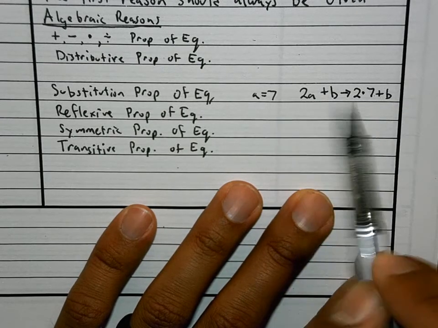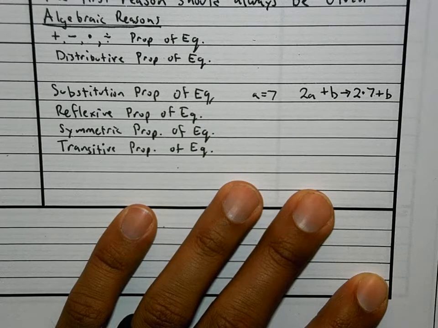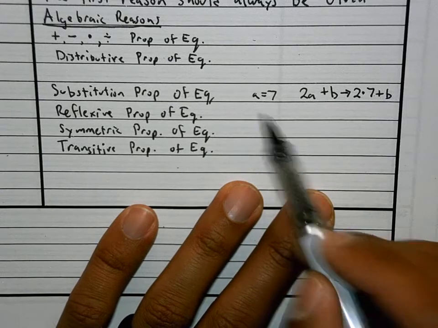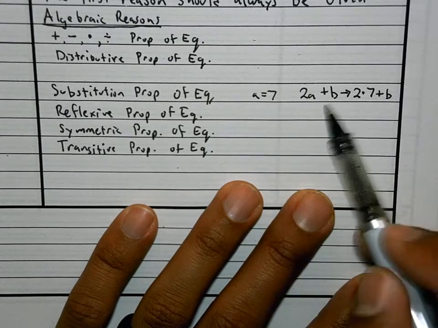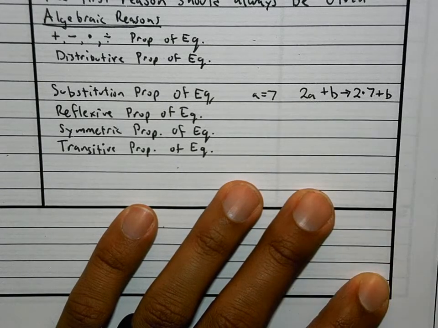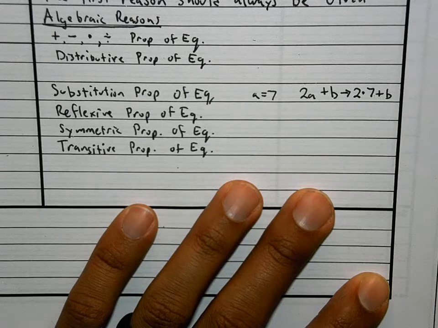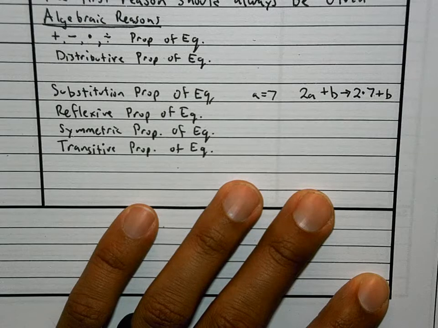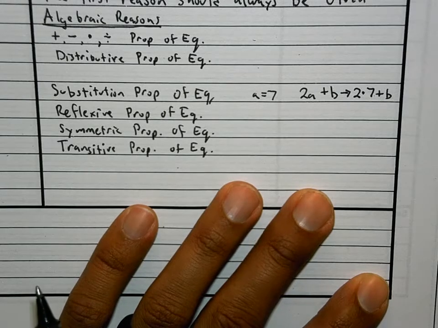We substituted in a number for a letter. It doesn't always have to be a number for a letter. Sometimes it could be that A is the same as B and we can plug in a B there, and that would also be substitution. So whenever you substitute in one variable for another, or a number for a variable, that's the substitution property.